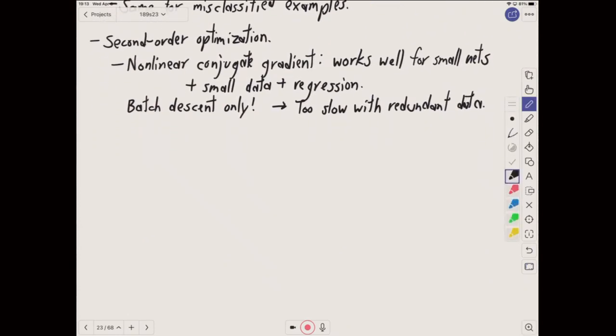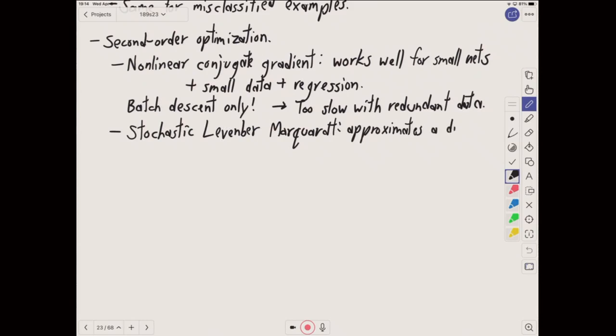The other second order optimization algorithm that I've heard of that seems to claim surprisingly good results is called the stochastic Levenberg-Marquardt algorithm. Which does try to sort of approximate the Hessian, but not the whole Hessian, just the diagonal of the Hessian matrix.